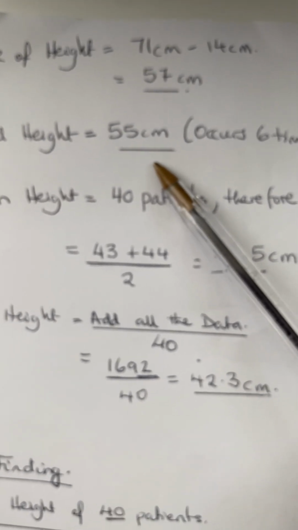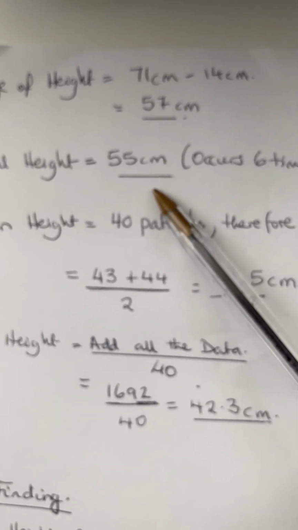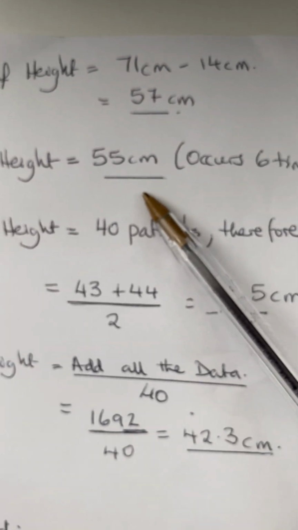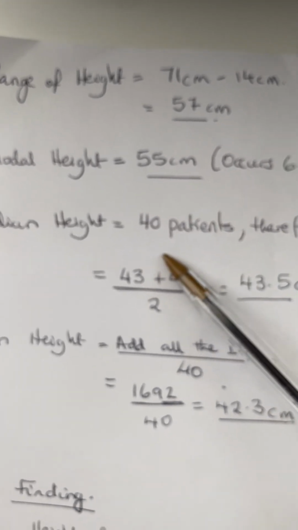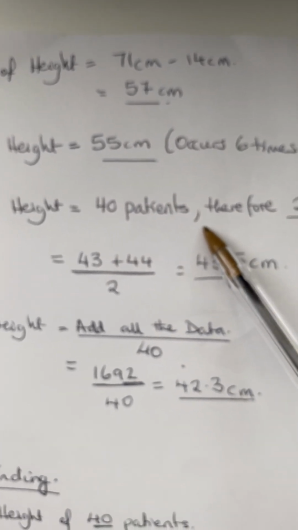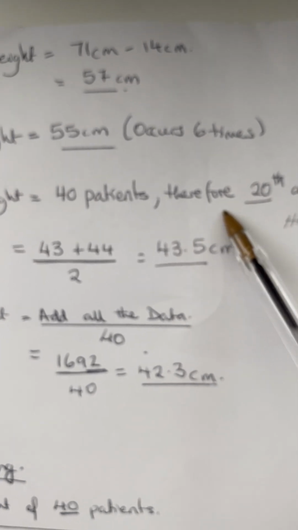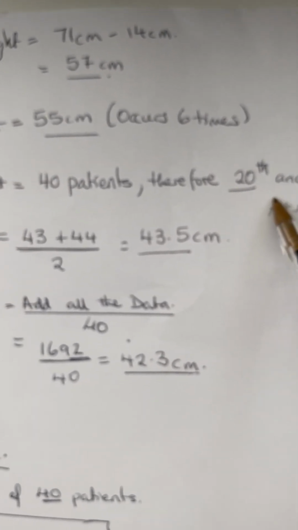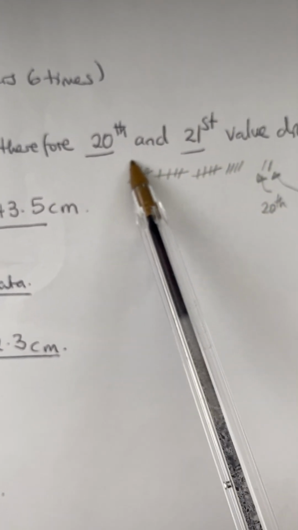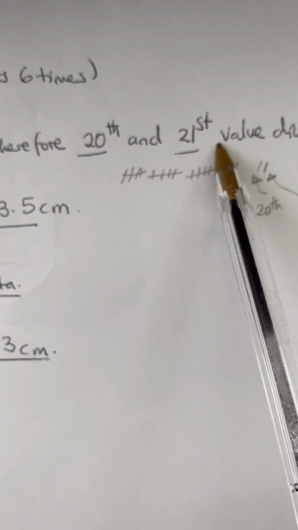Now the median height, here we have 40 patients. So we'll have 2 middle heights, the 20th and the 21st.